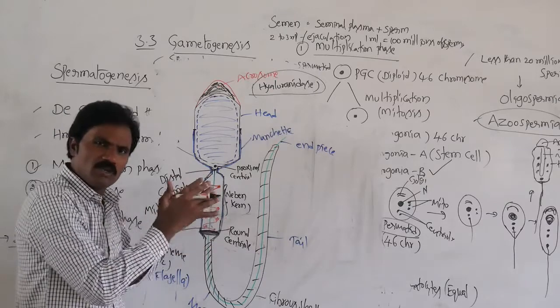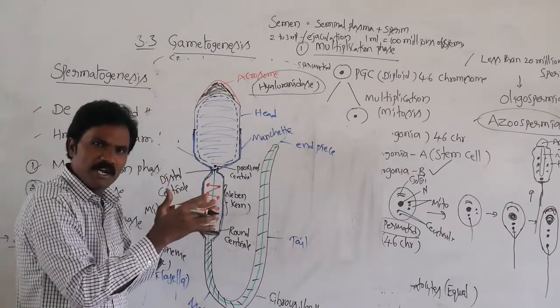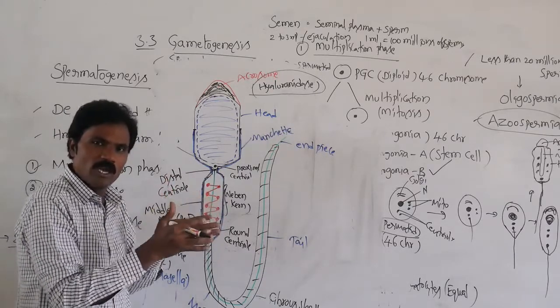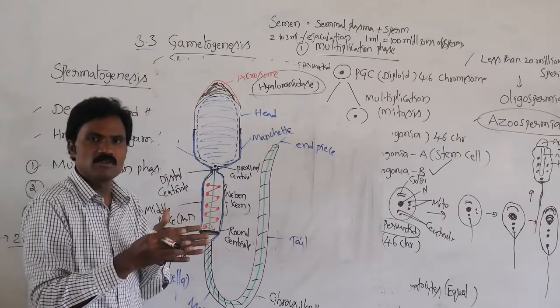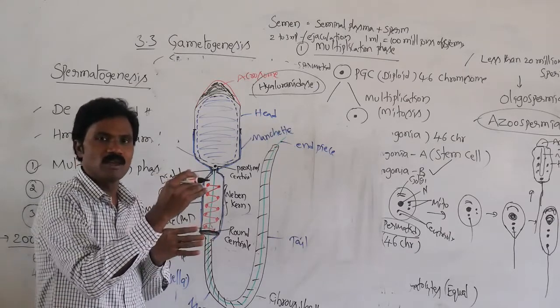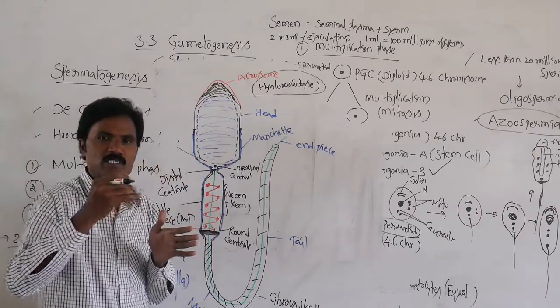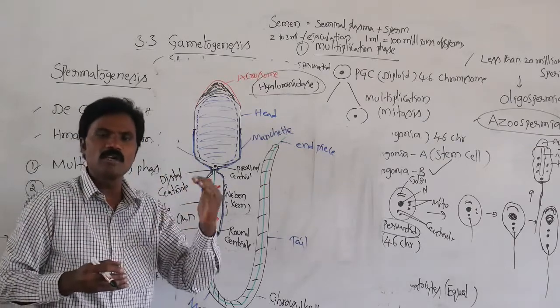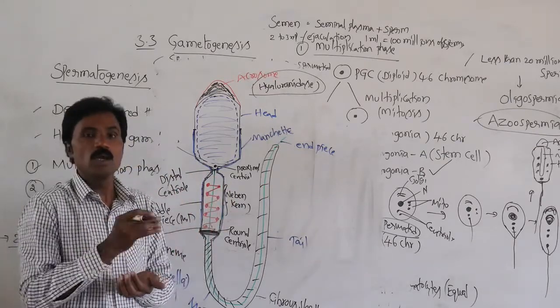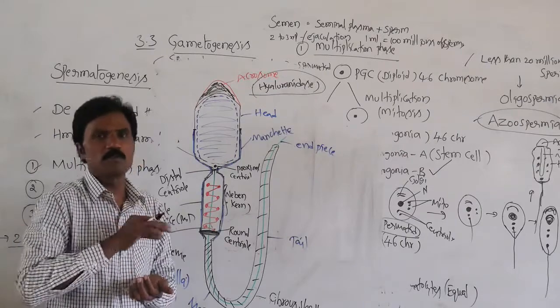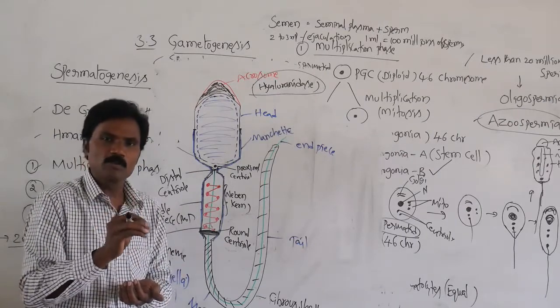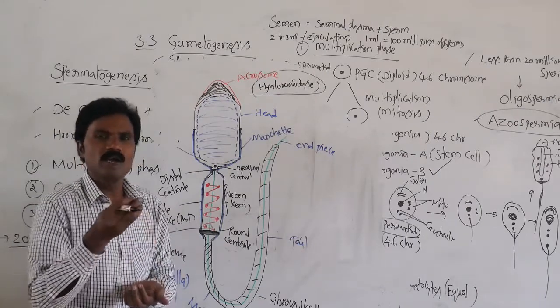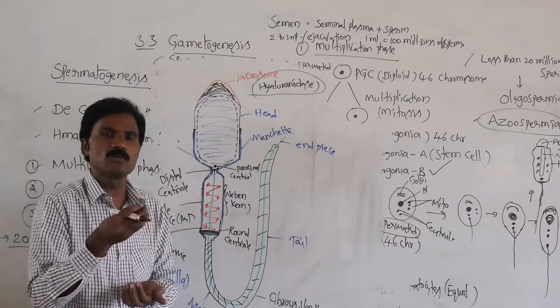Based on spermatogenesis, many times they ask which type of cell acts as the parent for formation of the male gametes. Then you write spermatogonia. What is the ploidy of the primary spermatocyte? Diploid, that is, 46 chromosomes.